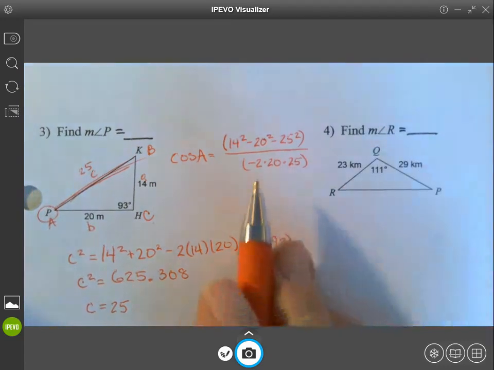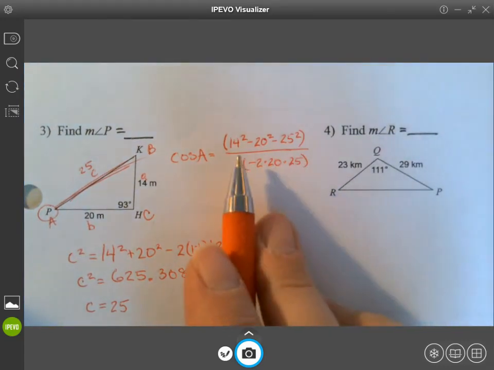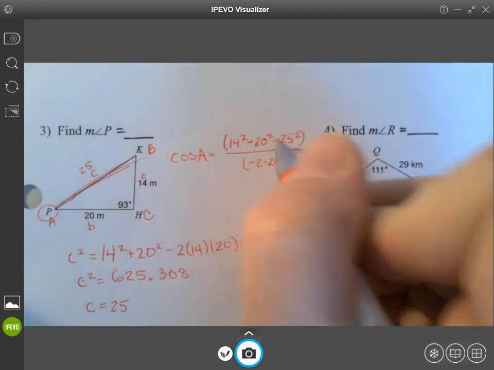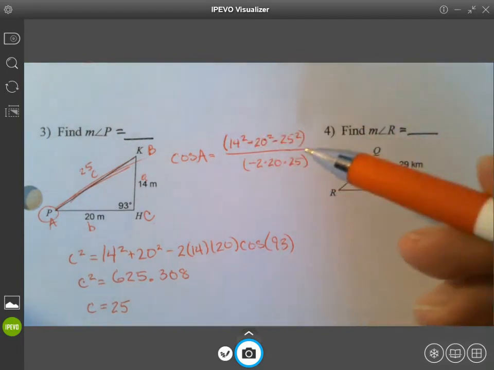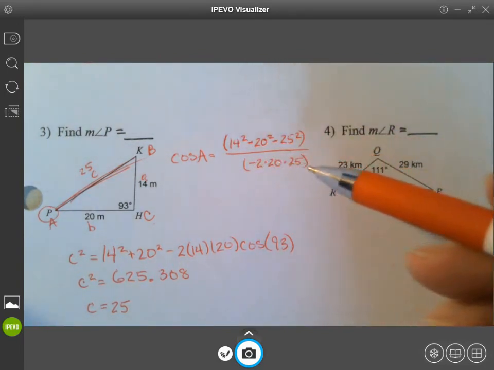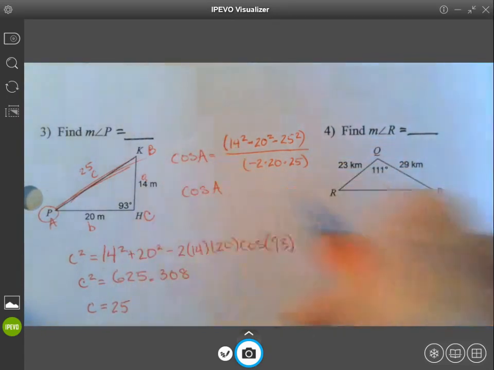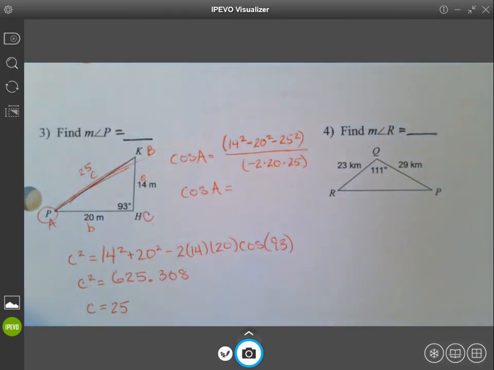I'm not using parentheses down here because I feel like people try to use them and then they forget they have to close that. So I'm using little times symbols. So up here is subtraction, down here is multiplication. Make sure you close parentheses, division sign, close parentheses. What do we get for the cosine A? Don't be lazy. You have to write cosine A because we don't know A yet. Give me 4 decimal places.